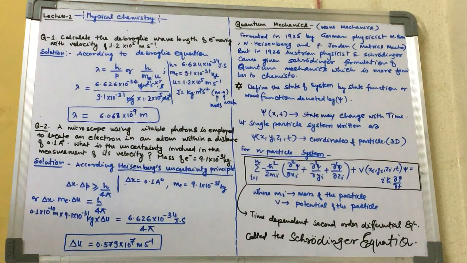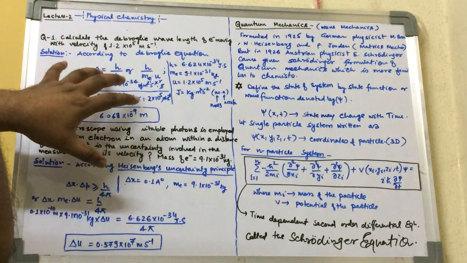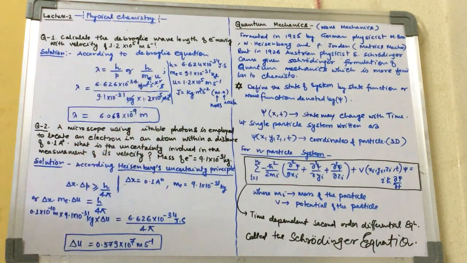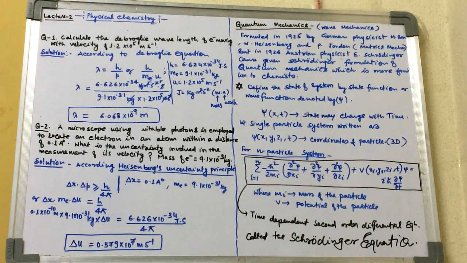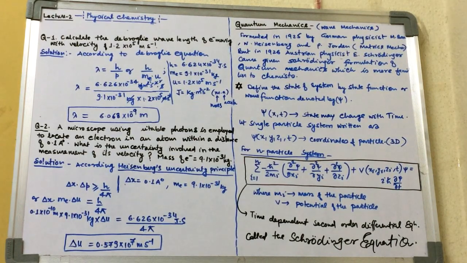According to the de Broglie wave equation, lambda is equal to h upon p, where h is the Planck constant, as I told you during the discussion of the de Broglie equations, and p is the momentum of the particle.